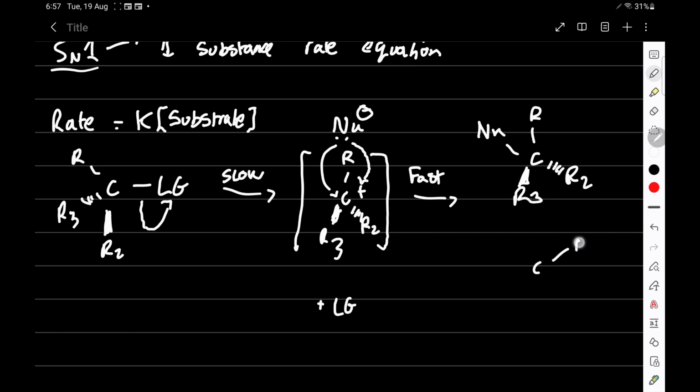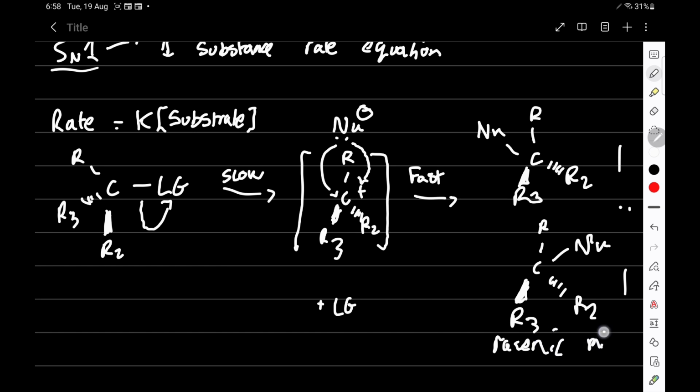These two faces being attacked will lead to stereochemically distinct products, and therefore we should end up with a 1-to-1 ratio between the two stereoisomers, a racemic mixture.